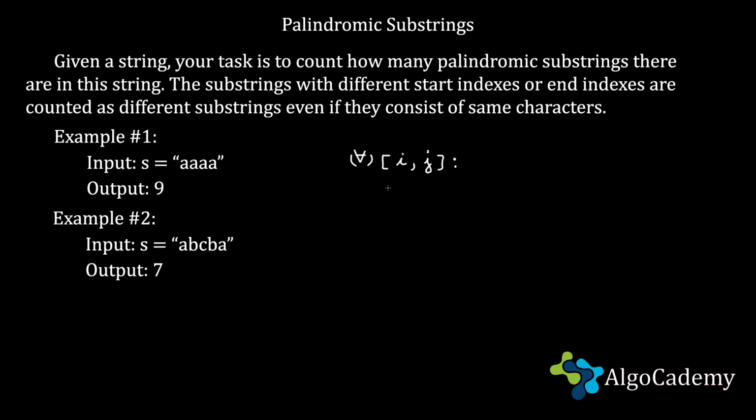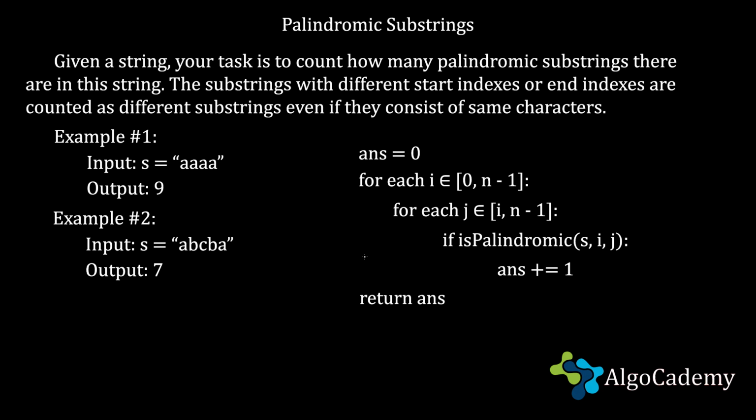So let's say I'm going to write the function where of course I'm going to have the code from Palindromic String. If isPalindromic of s, i, and j, if this substring is indeed a palindromic one, all I need to do is, of course, increment the answer. So answer plus equals 1. And that's it.